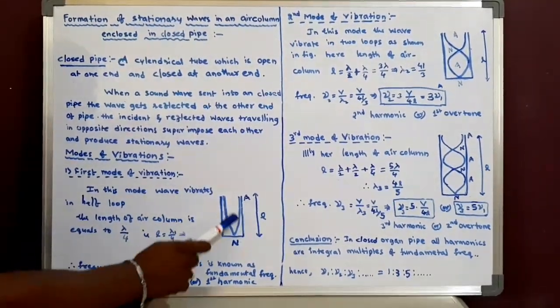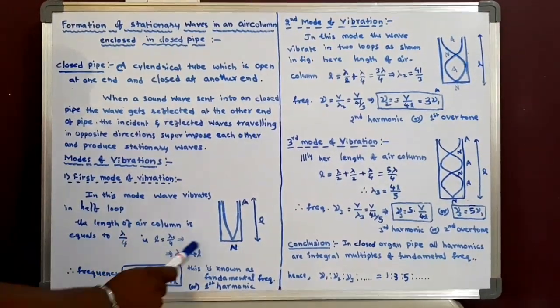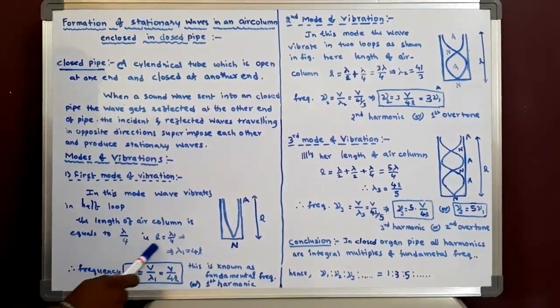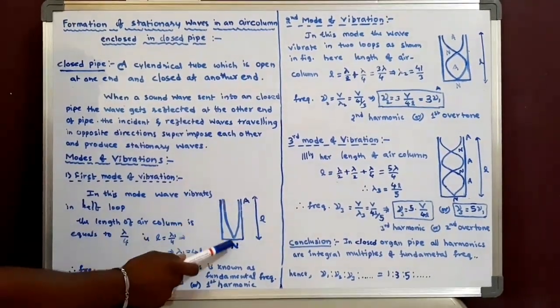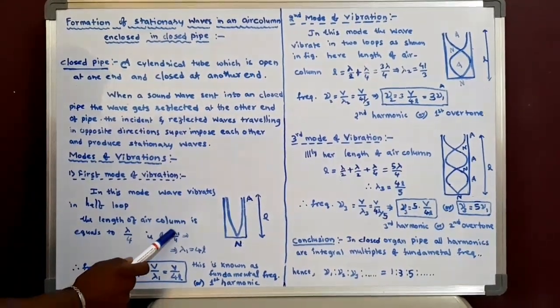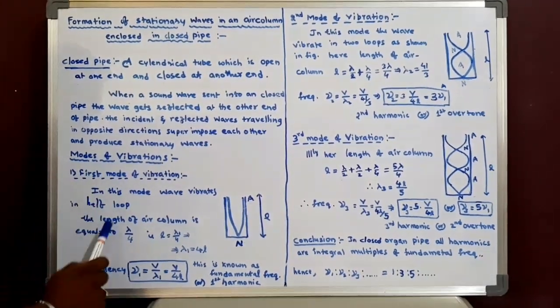Only if you know this concept will you get it right in your own way. The length of the air column is lambda by 4, according to the node and antinode distance. Then you can write L equals lambda 1 by 4. Here I mentioned lambda 1 because it is the first mode of vibration.